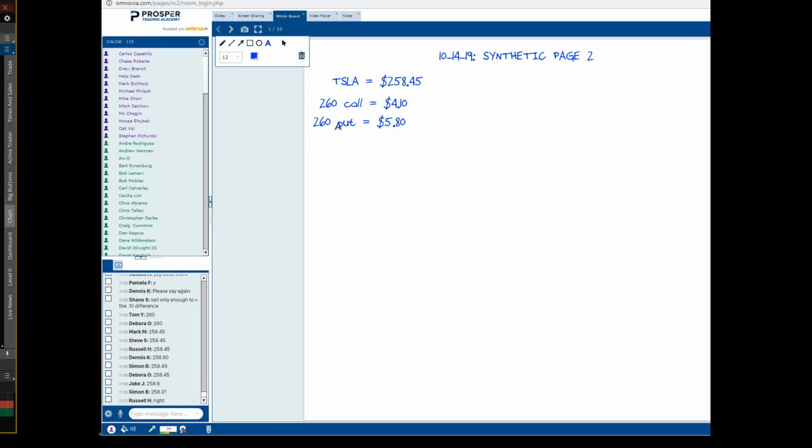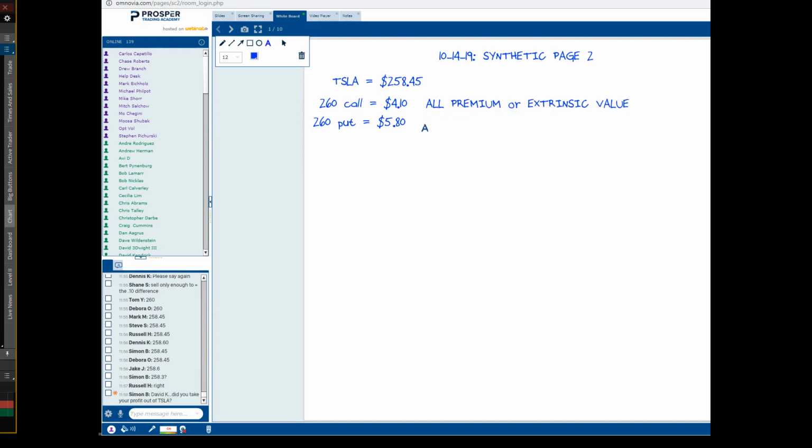Okay, so on the put side, well, actually, let me put this up here. This is all premium or extrinsic value on the call side. And here, there's $4.35 of premium or extrinsic value.